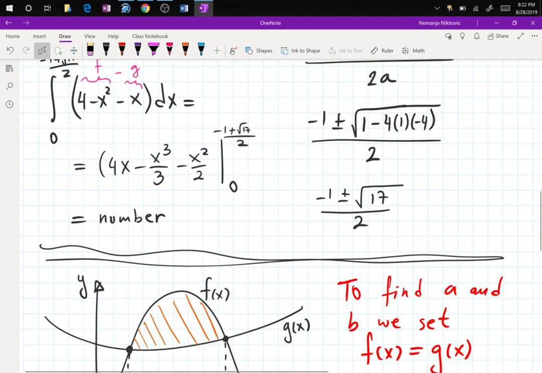Then you take this mess, plug it in for x, and then you square them and cube them, whatever. You can actually come up with a single decimal here, and then plug that decimal in for these numbers. Minus 0, and we get some kind of number. That's 6.2. I hope you're not disappointed. Welcome to Calc 2.